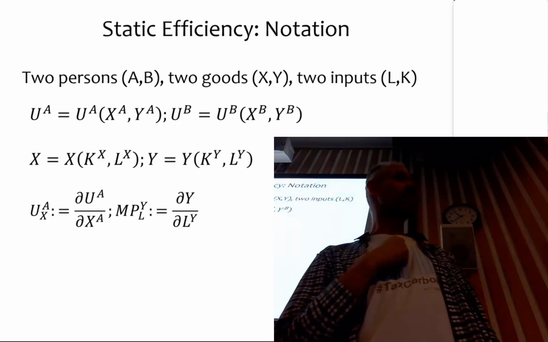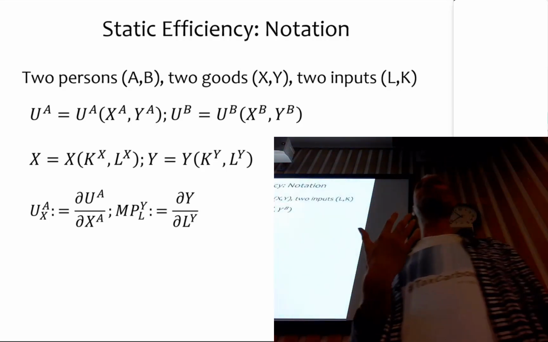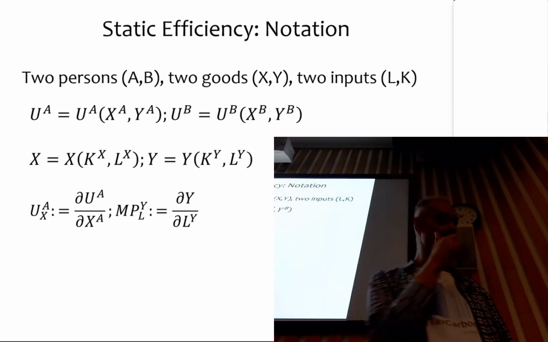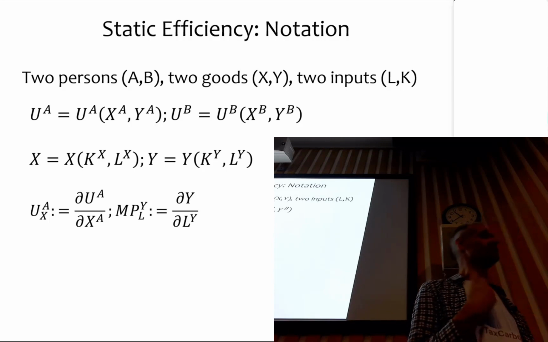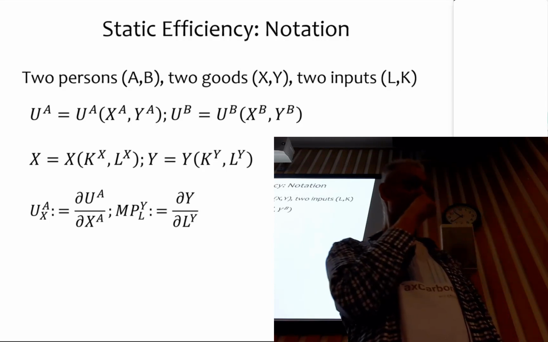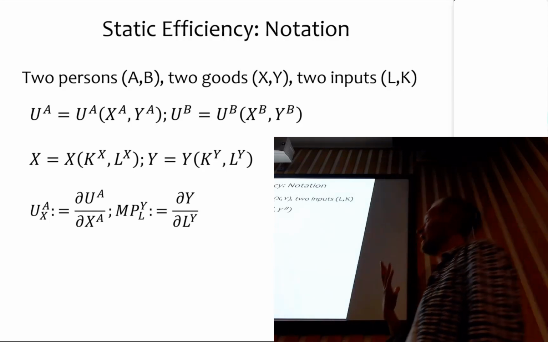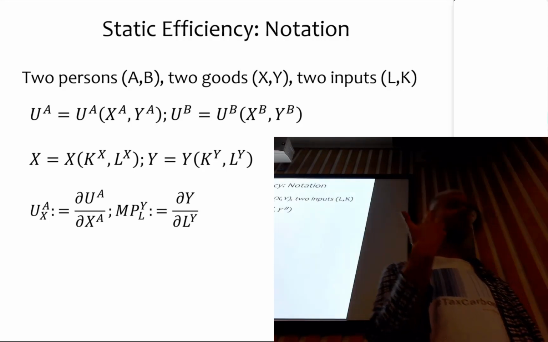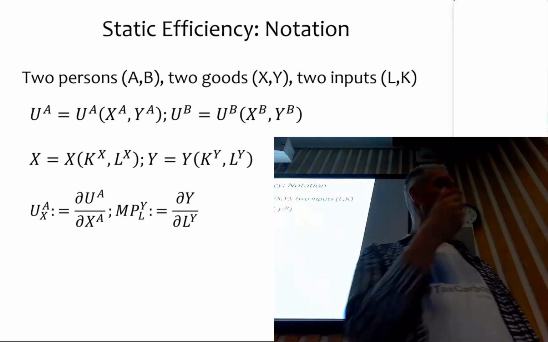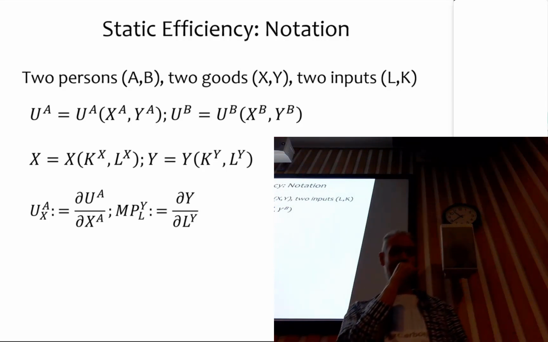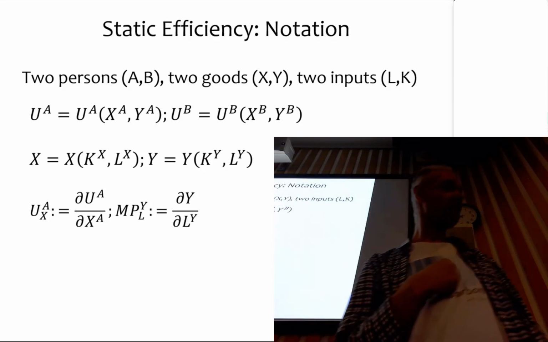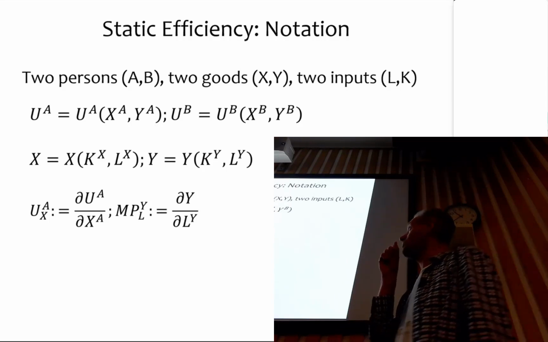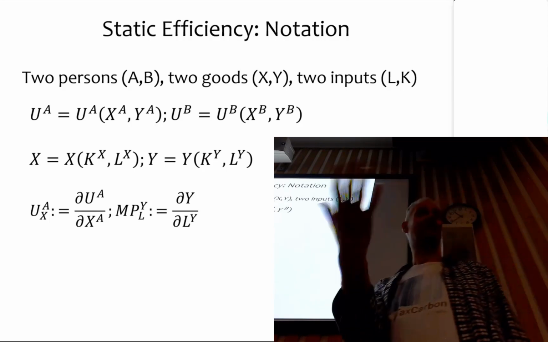I'm going to look at a very simple economy. We have two people, A and B. We have two goods, X and Y, and those two goods are made with two inputs, L and K. So utility of person A depends on his consumption of good X and good Y, and utility of person B depends on her consumption of goods X and Y. And both goods are made by dedicating capital and labor to this, right?